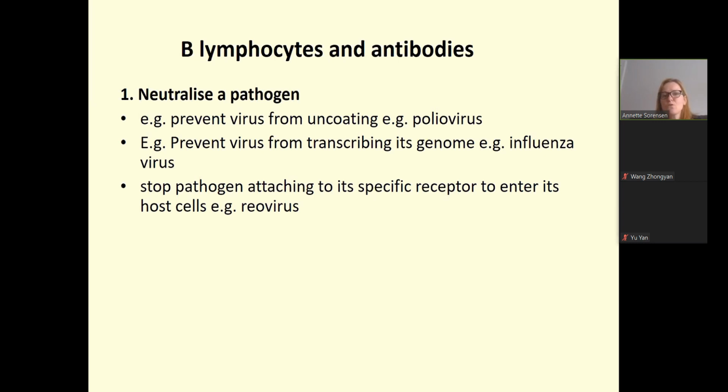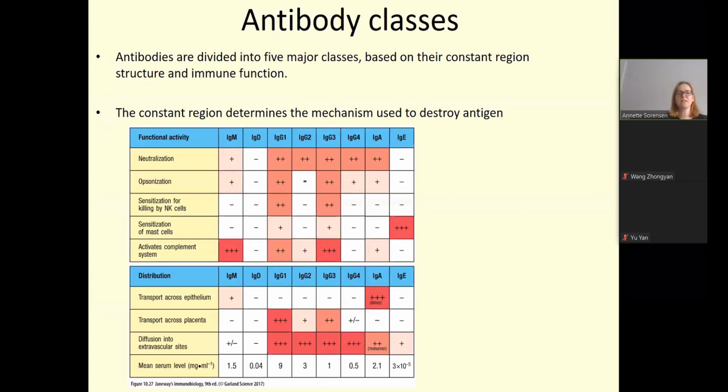It can also prevent the virus from transcribing its genome, and that's, for example, how the influenza virus can be stopped. The last one I've already talked about, and that's receptors on the outside of the cell. If an antibody is blocking the receptor through which the virus is taken up into the host cell, we can't get viral replication.